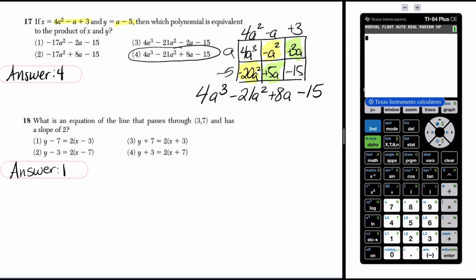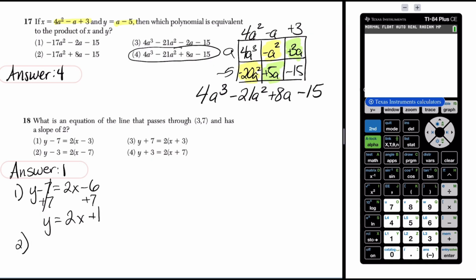So what you could do for each of these is you could just rewrite them in that form. So in this case, I know I'm going to have to add 7. So before I even add 7, I'm going to distribute. And then have to add 7. So I'm going to get y is equal to 2x plus 1.